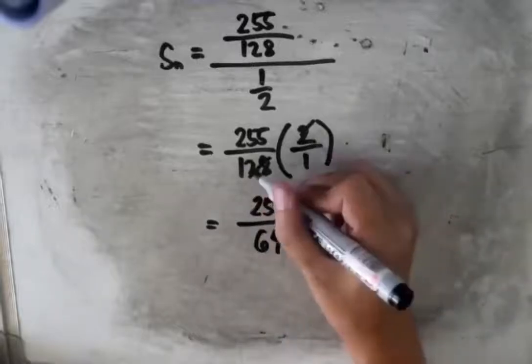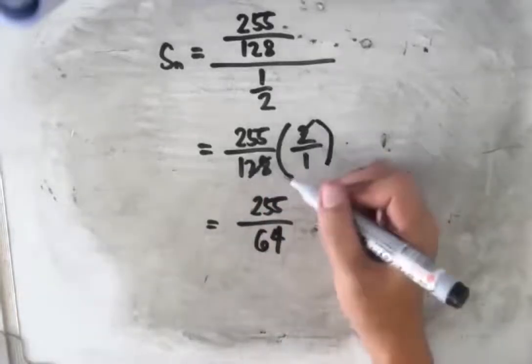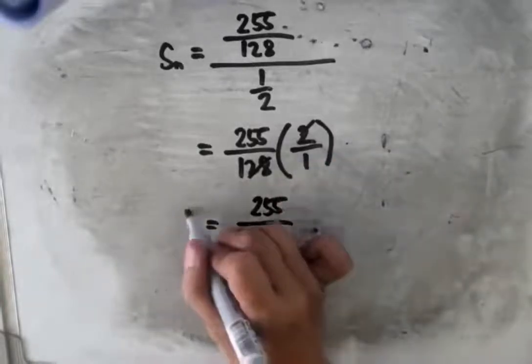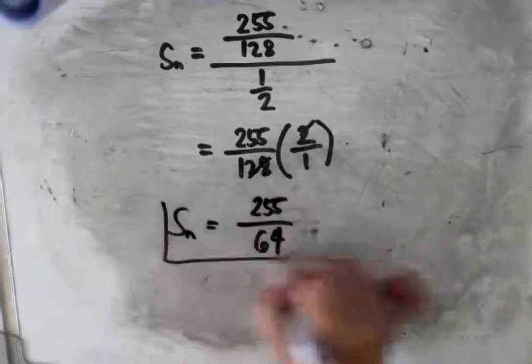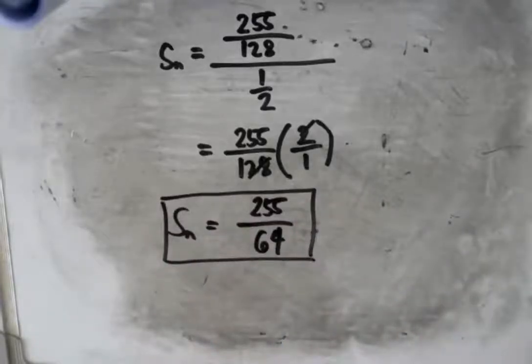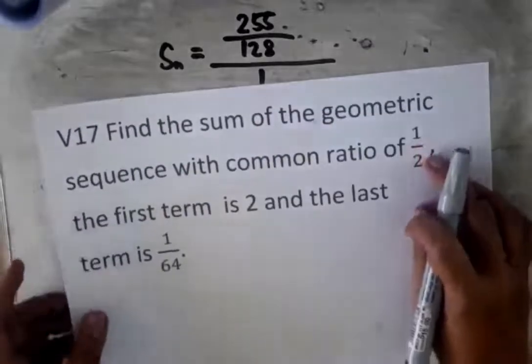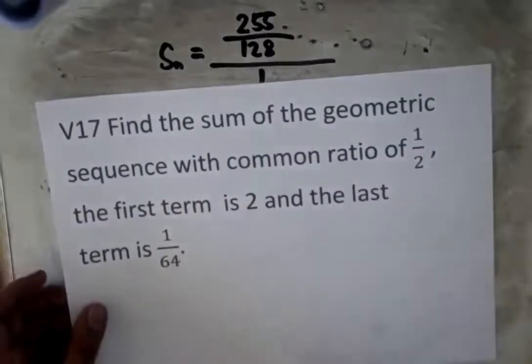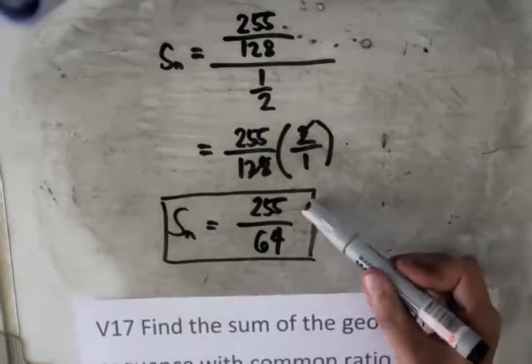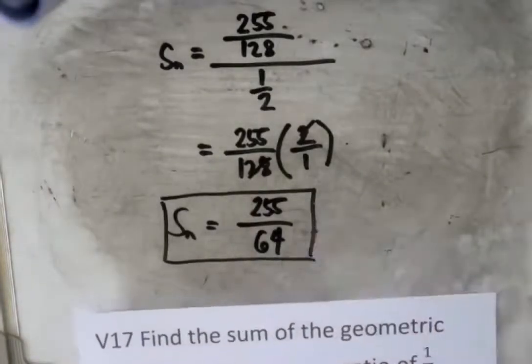Kasi 2 divided by 128, that is 1/64, times 255, that is 255/64. So, this is now your sum of the geometric sequence where your ratio is 1/2, the first term is 2, and the last term is 1/64. And the sum is 255/64. Okay?